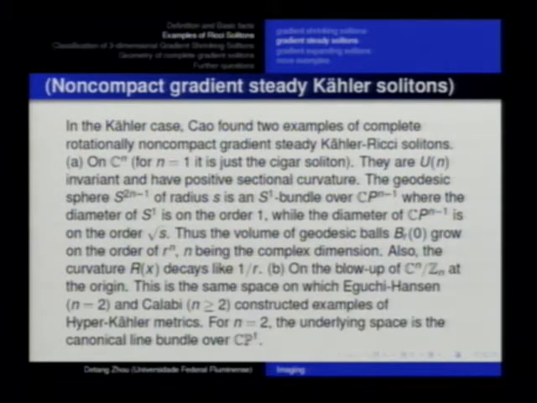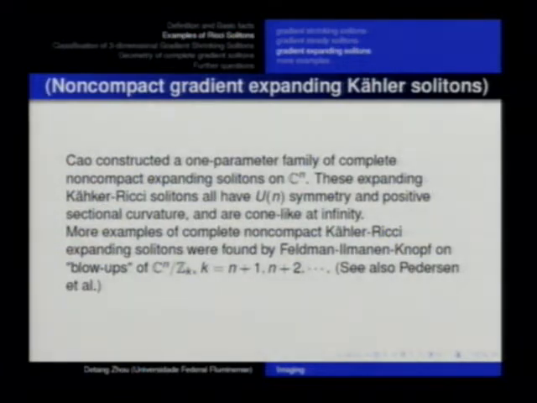Also, another kind is to take a blow-up of Cn along the complex torus. The idea comes from the construction of Calabi and Eguchi-Hanson. So this is for steady. And for the expanding case, also by Schulze and Simon, they construct examples.